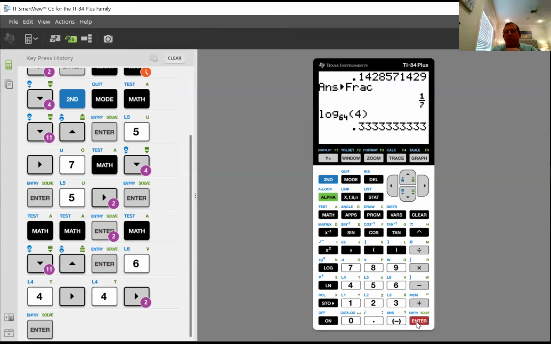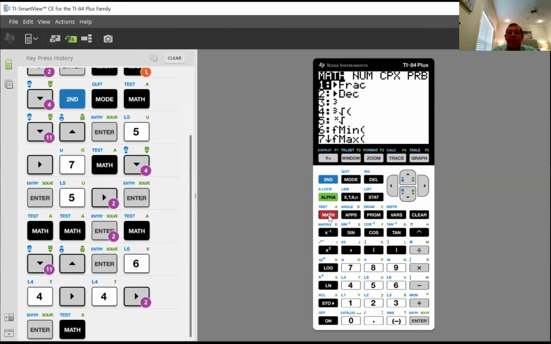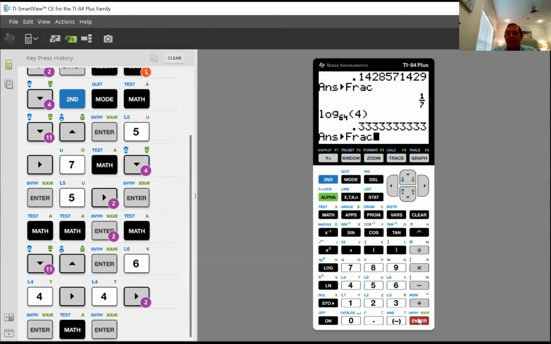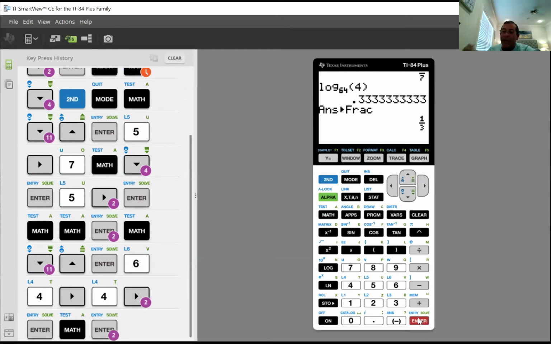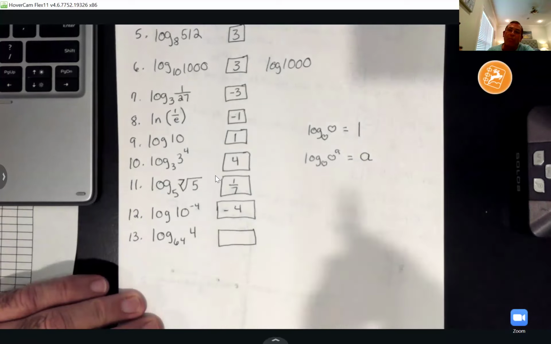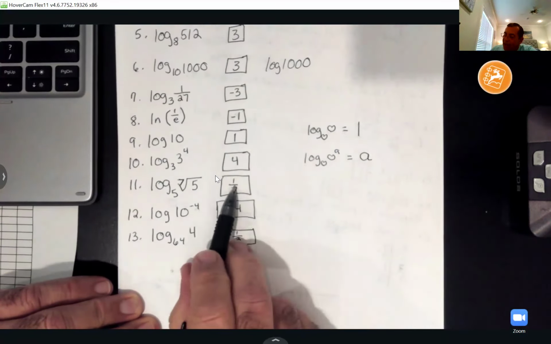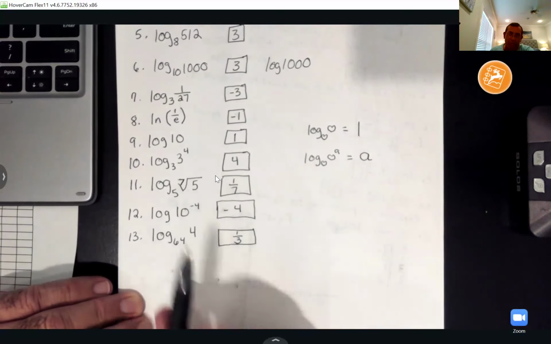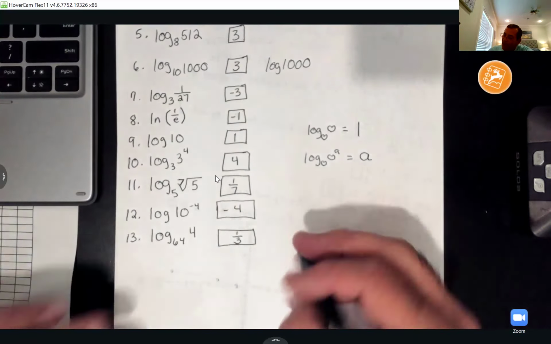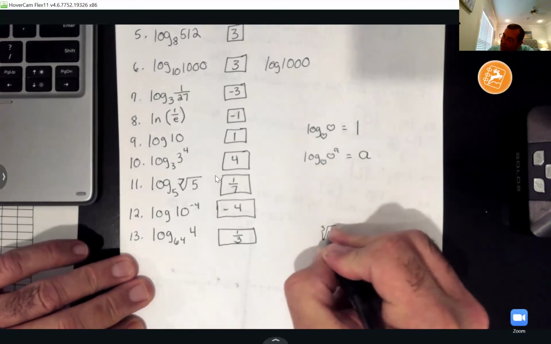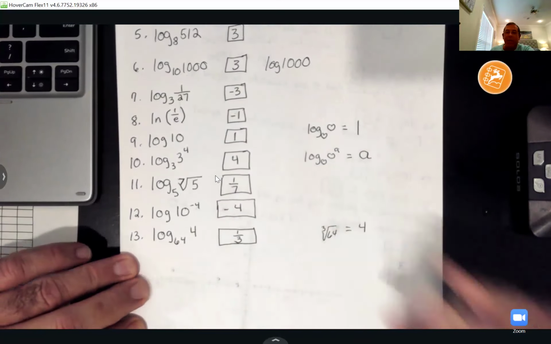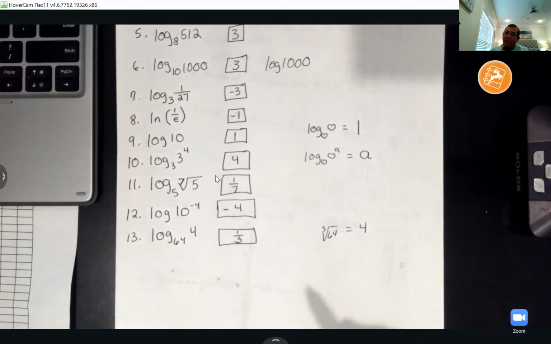But I'm going to turn that decimal back into a fraction by hitting math and enter. So you get a 1/3. That means that in order to turn 64 into a 4, you did a cube root of it, okay? Because remember, the fractions represent my roots. So this is saying a cube root of 64 would equal that 4, right? 4 times 4 times 4.